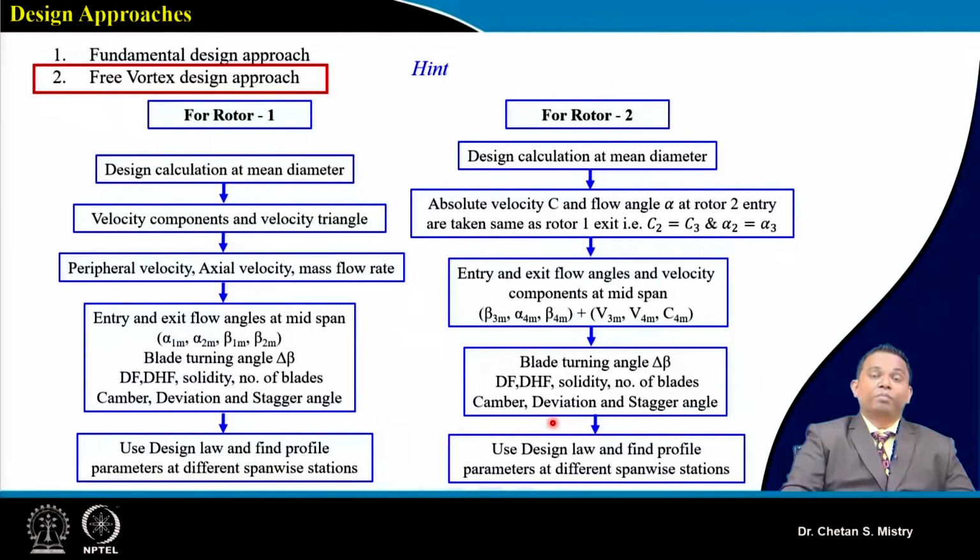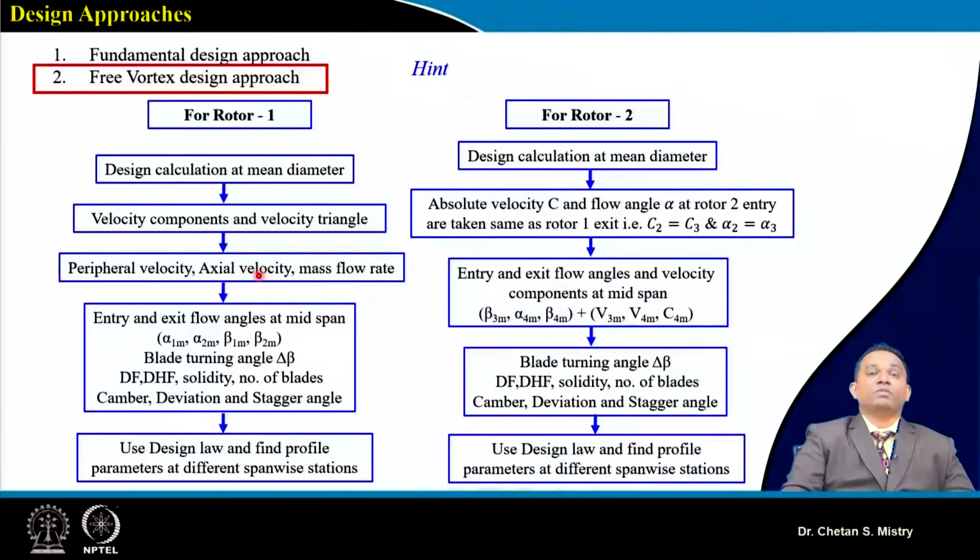Do not forget, both of these apply to rotor 1 as well as rotor 2. Once we have done our calculation at the midsection, we will adopt the vortex distribution concept. That is the method we will opt for.